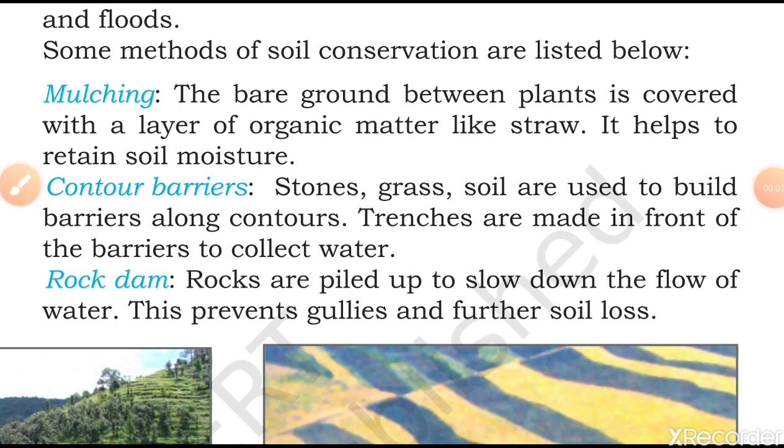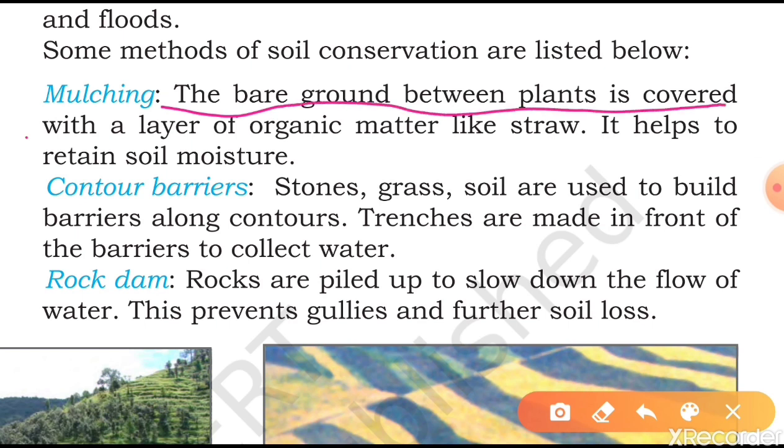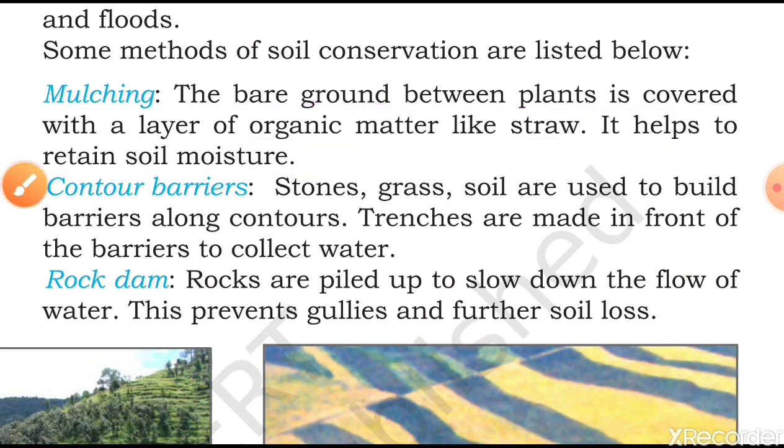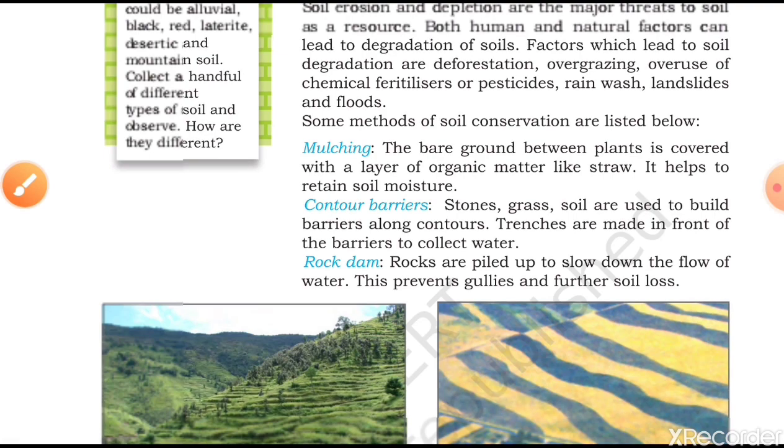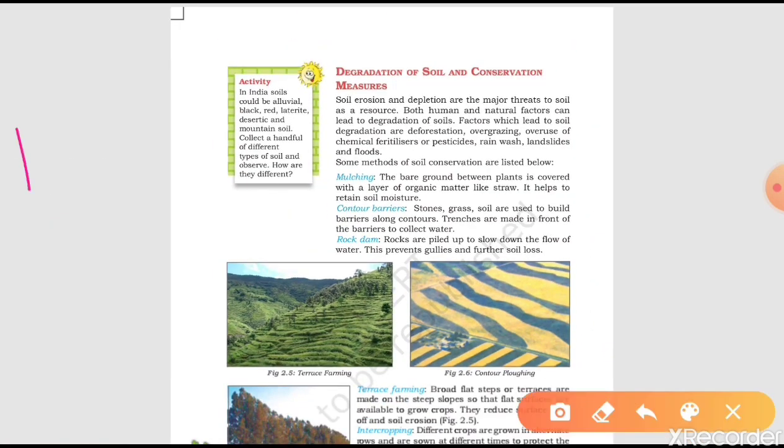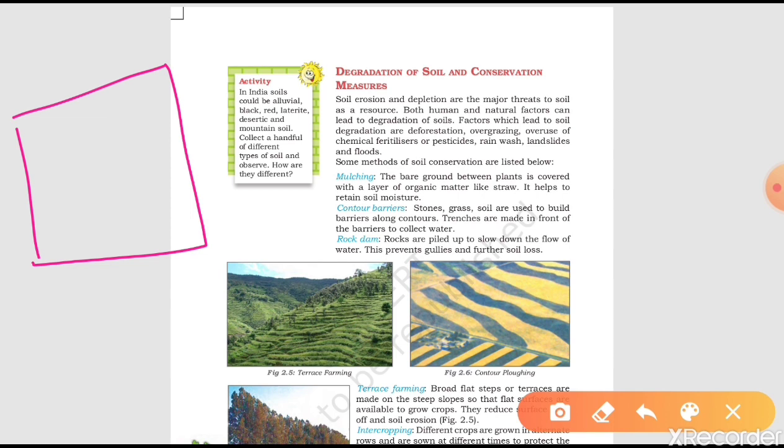What is mulching? Mulching means the bare ground between plants is covered with a layer of organic matter like straw. It helps to retain soil moisture. Let's have a look at how mulching is done. If this is a field, then in these strips alternately plants are sown or crops are grown.